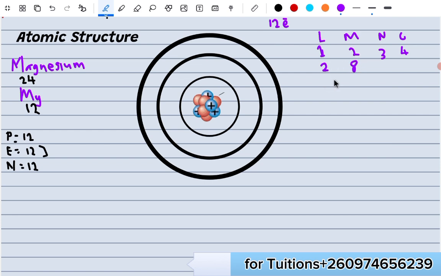Now how many electrons are remaining? 2 plus 8 is 10. 12 minus 10, so you only have 2 electrons left, and these 2 electrons that are left, you can just put in the third shell. The second shell is occupied to maximum, it can't go beyond 8, so the 2 electrons will go in the third shell. So you're going to show them like this.